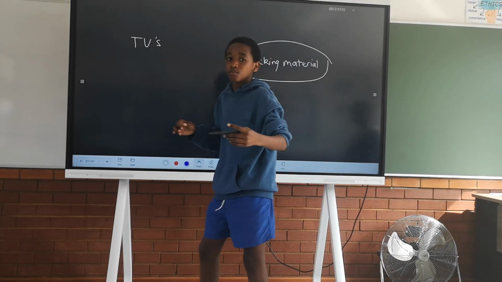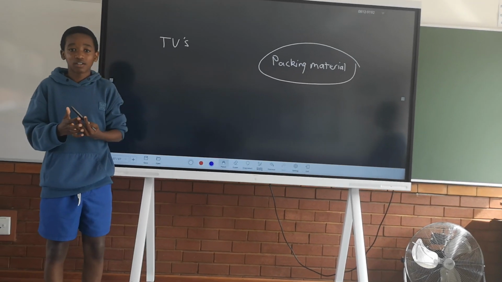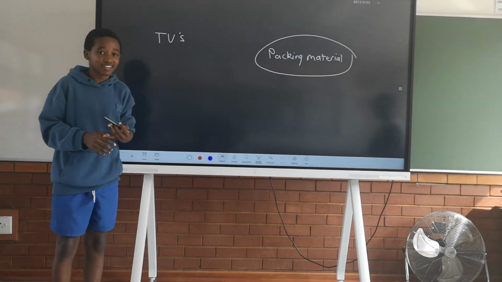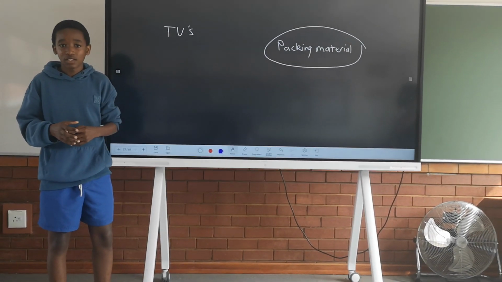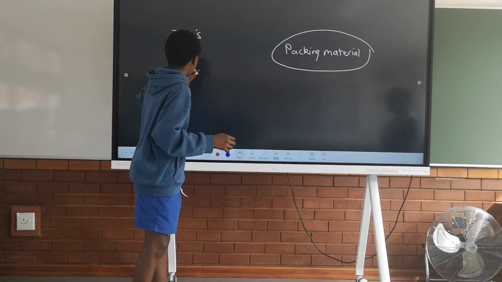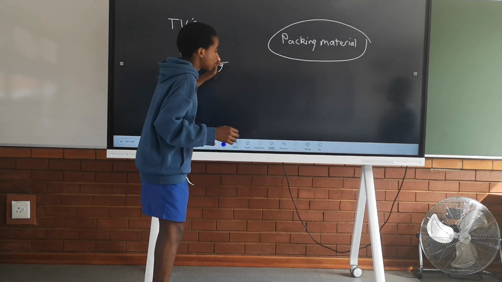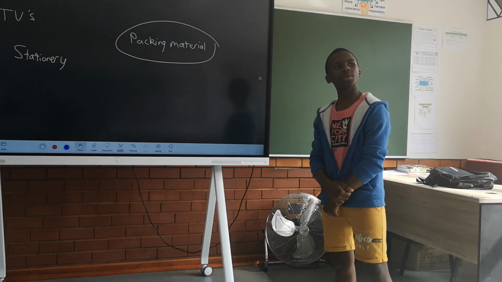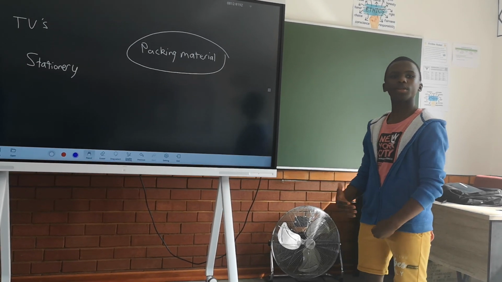So those are examples, because expenses are the daily running cost. We've got so many expenses. You can maybe give us more examples of the expenses. Come on, not just packing material. We said these are the daily running costs of the business. For example, it can also be our stationery. Since the business has vehicles, the petrol used to fuel the vehicles can also be an expense.